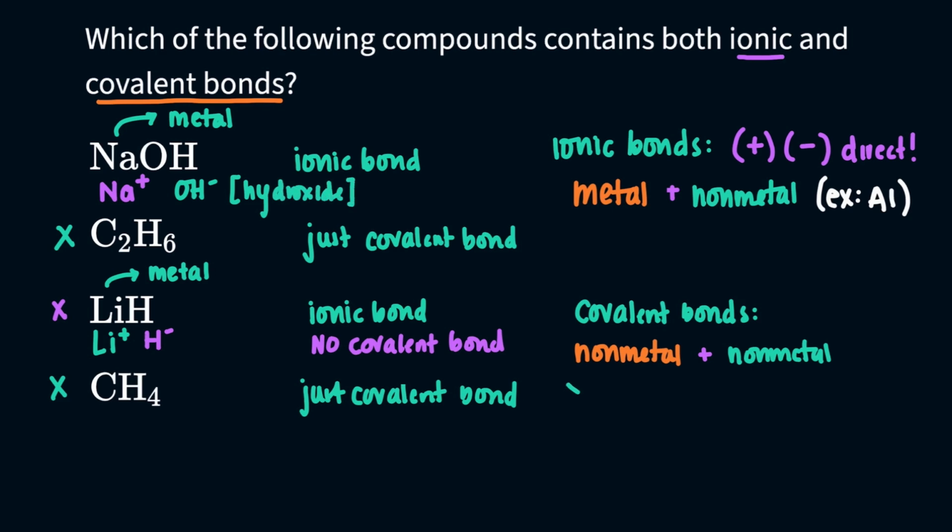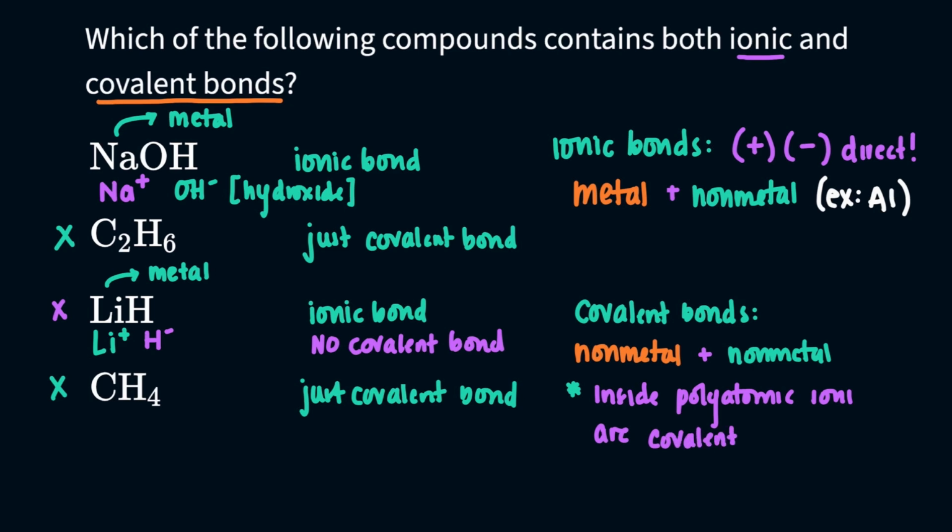And just know, as a rule of thumb, inside polyatomic ions are always covalent bonds.